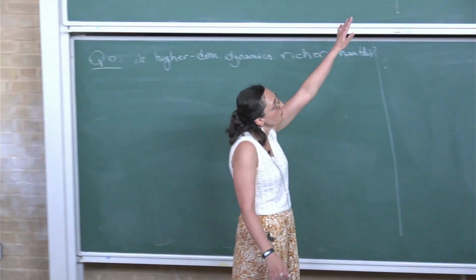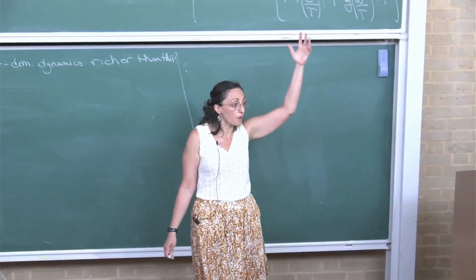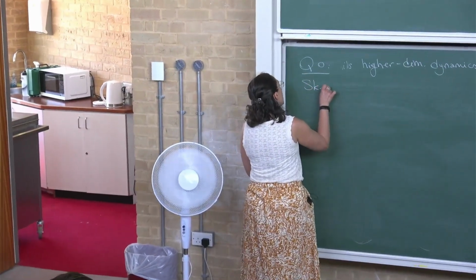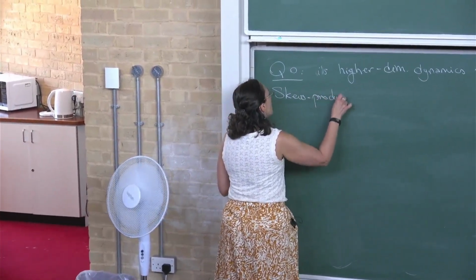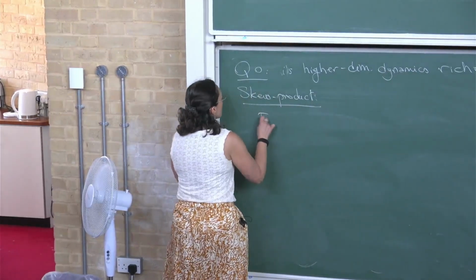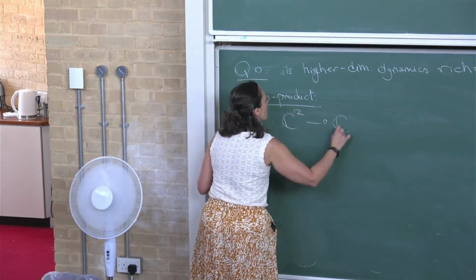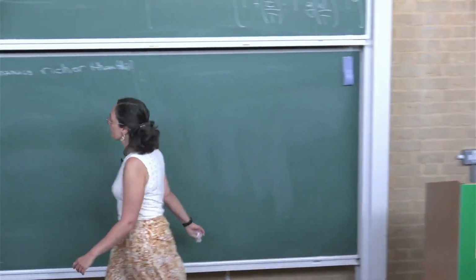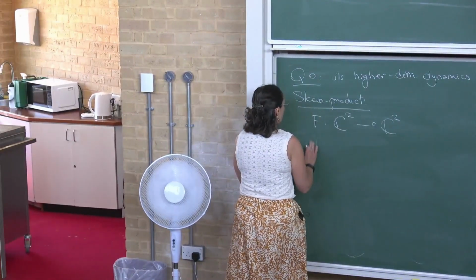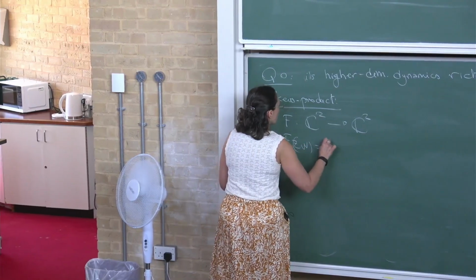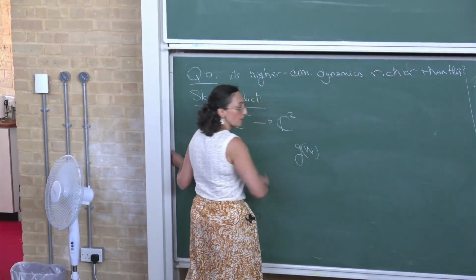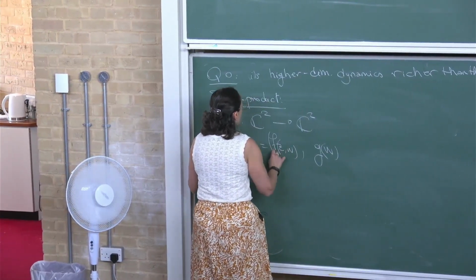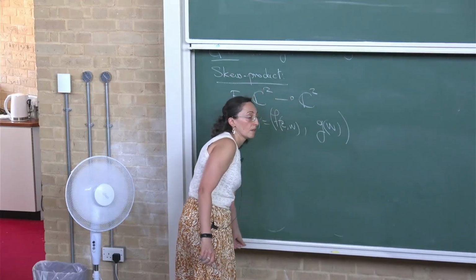Well, okay, let me think for one second. I'm going to take a direct product, sorry, not a direct product anymore. I'm going to take a skew product. So in C2, f of (z,w) is going to be, well, in one variable, one-dimensional, but in the other one, two-dimensional.